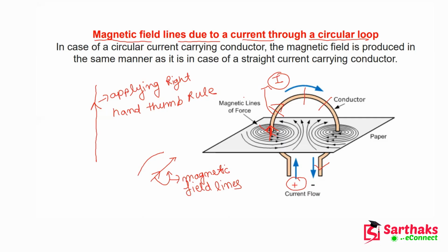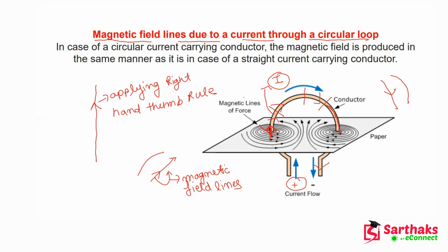Now, let's find out the direction of magnetic field lines for this part. Let's suppose this part. Let me take it out, and it will appear like a straight conductor, but you can see that the current here is going downwards. In the previous part the current was moving upwards, but here it is going down, because the current is flowing in this circular loop, and here the direction is like this, and here it will be like this.